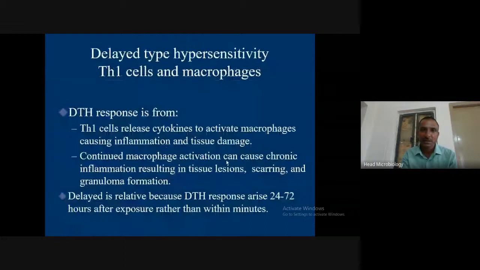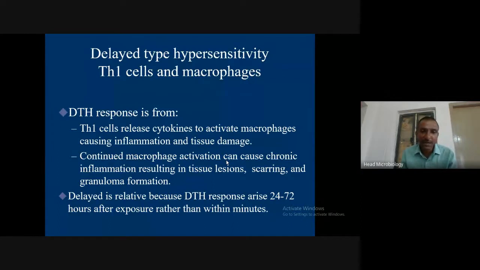And now delayed hypersensitivity, which depends upon Th cells and macrophages. Th cells release cytokines to activate the macrophages, causing inflammation and tissue damage. Continued macrophage activation leads to scarring and granuloma formation, resulting in tissue lesions.